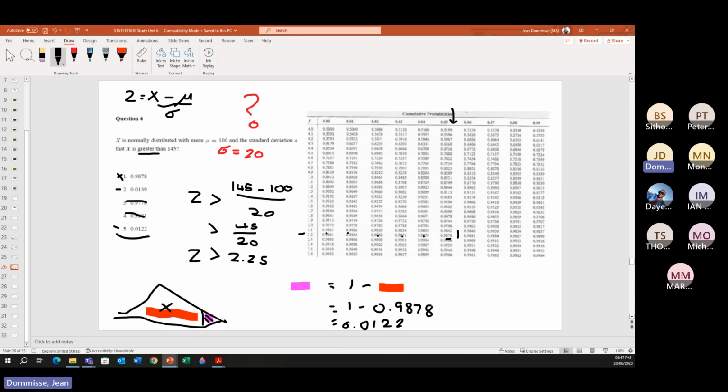So again, this time you needed to work out the Z. They give you all the information. They will always give you all the information if you need to calculate the Z. And then with the Z that you calculated, you then need to look at the probability.